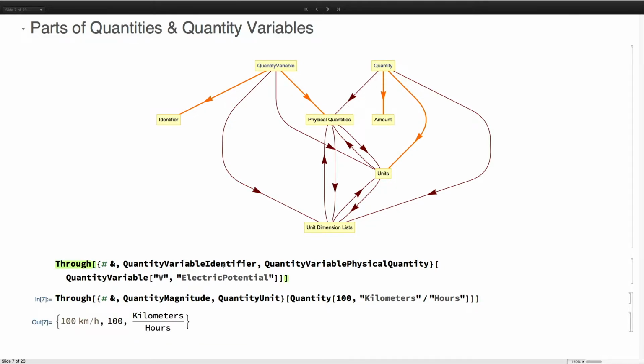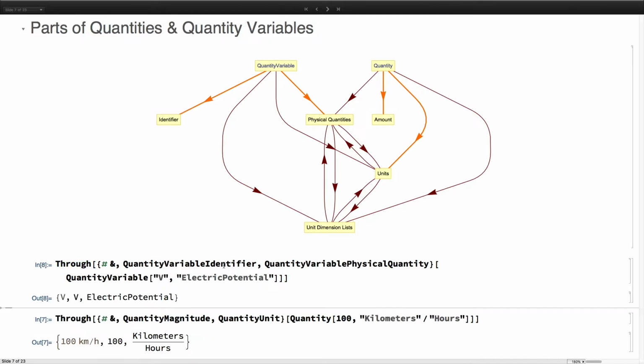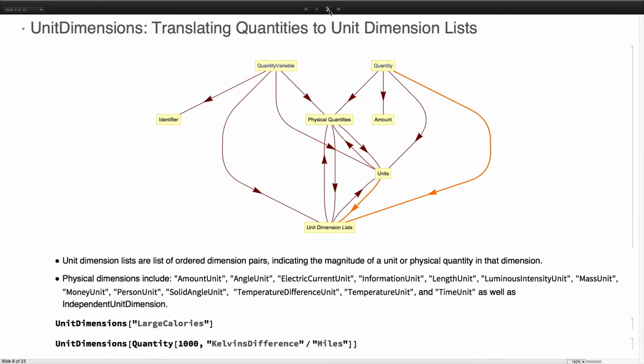We can do the same thing for physical quantities. In that case, we're talking about the identifier, what that quantity variable looks like. The V here could be a string, a subscripted expression, or whatever you want.